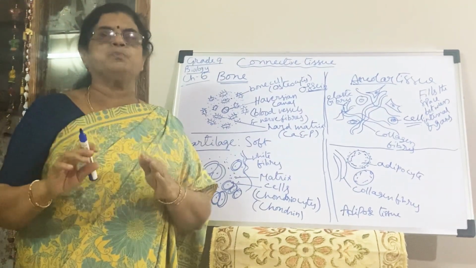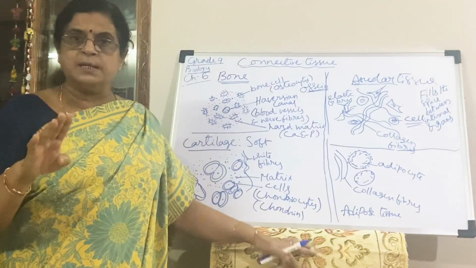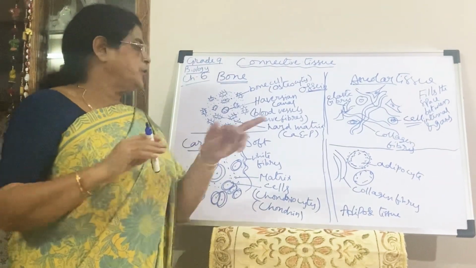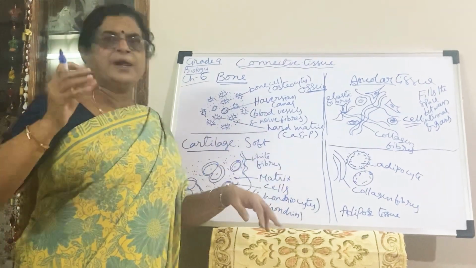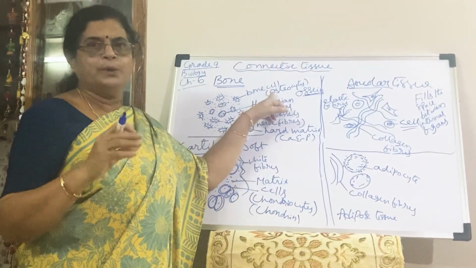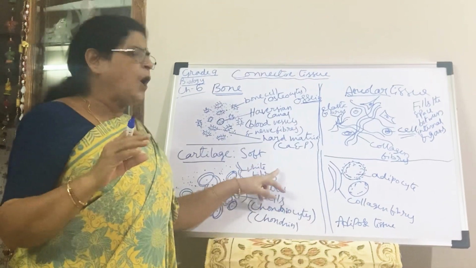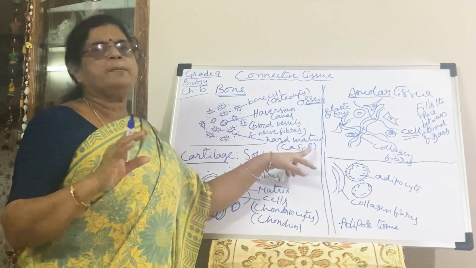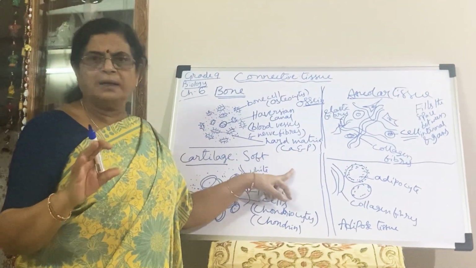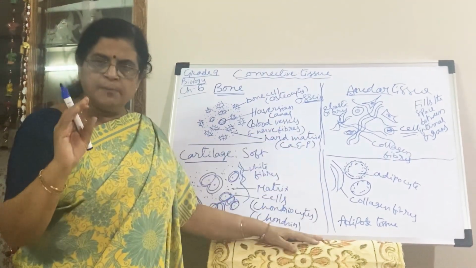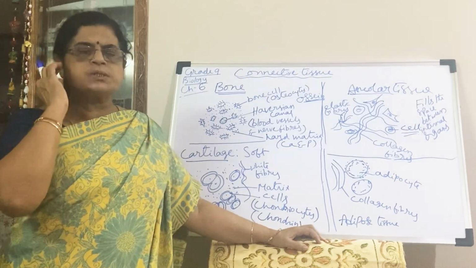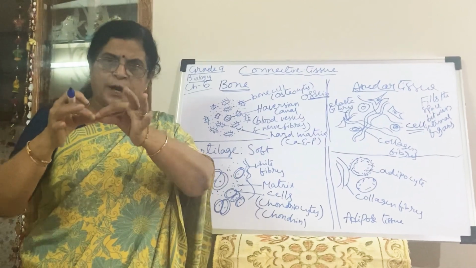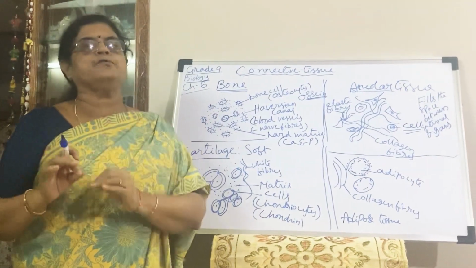Cartilage is soft bone, flexible, not hard like bone. The matrix does not contain calcium and phosphate. It is present at the tip of the nose, ear, trachea, and at the ends of the bones where they join.